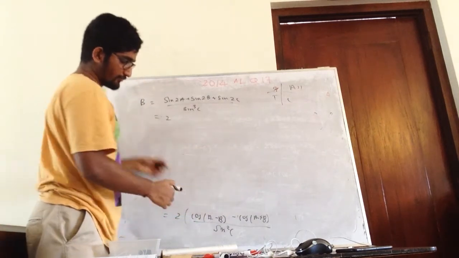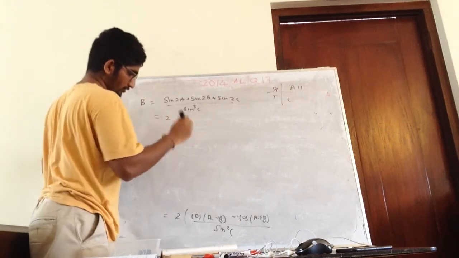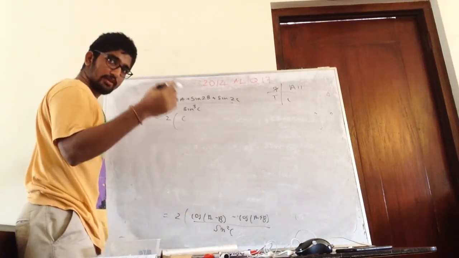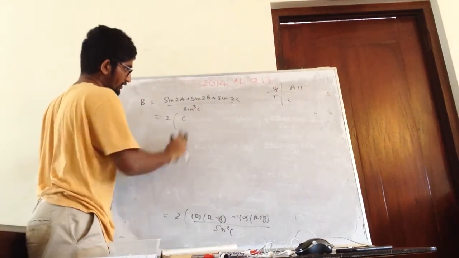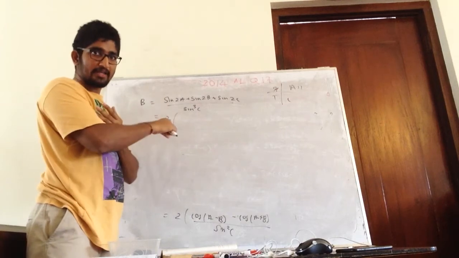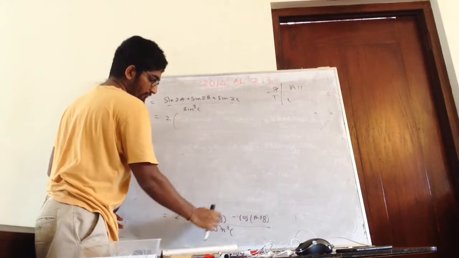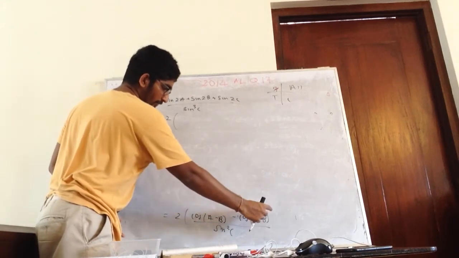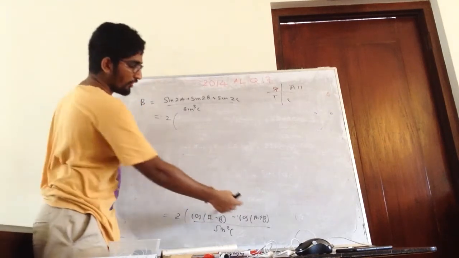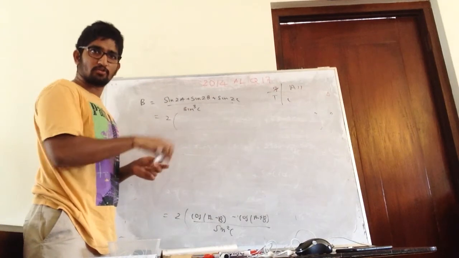Then you get, so 2 is there. Now this is cos minus cos, right? So cos minus cos is going to be 2 sin sin. Yet again you can do it in two ways, putting minus, or you can do it the other way, which will get the positive one. So I'll do it the positive way.